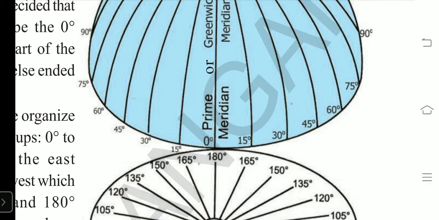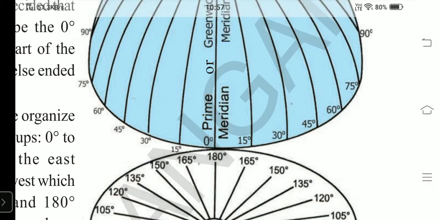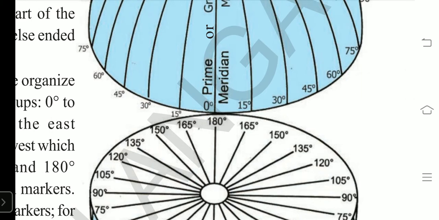Understand? So there is a 4 minutes of time difference from one longitude to another longitude. So when it is 12 noon on the prime meridian, at its west longitude, that is 1 degree, it will be 4 minutes less, that is 11 hours 56 minutes.